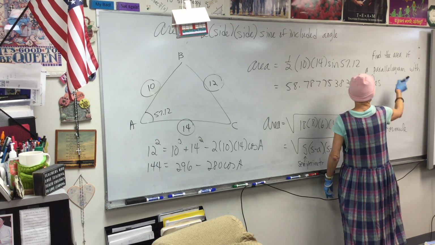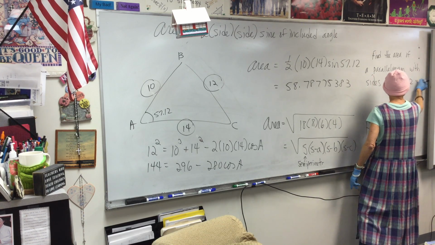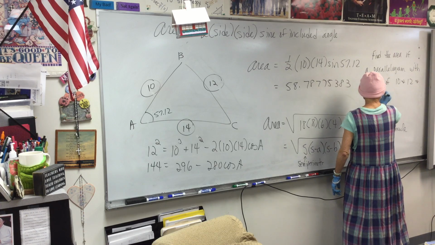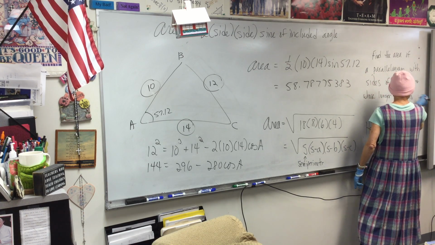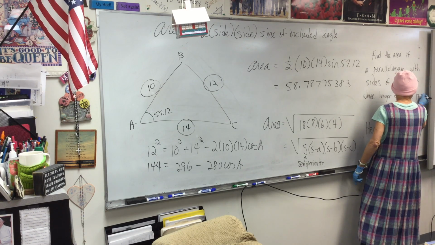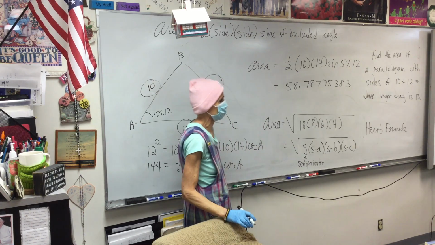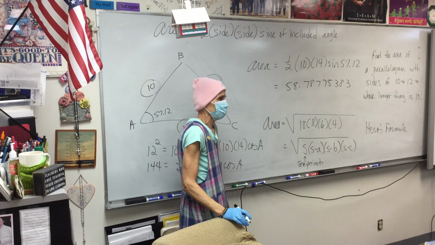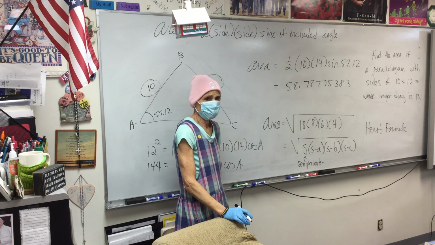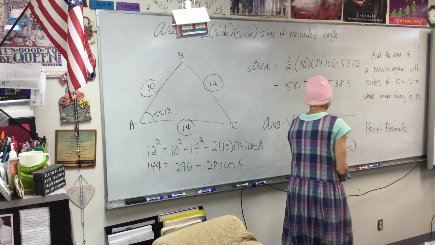Find the area of a parallelogram with sides of 10 and 12 and whose longer diagonal is 13. You're going to crank this puppy out in about 2 seconds. We'll draw a picture of it.